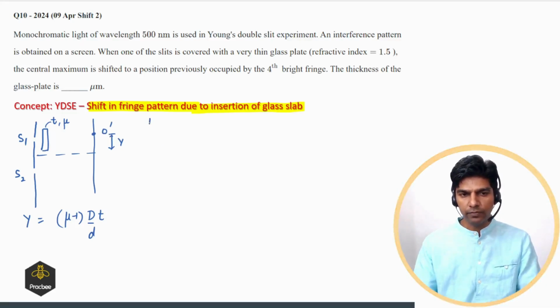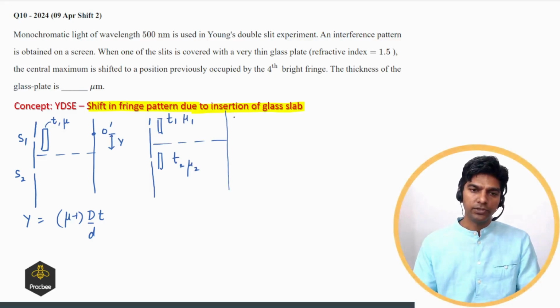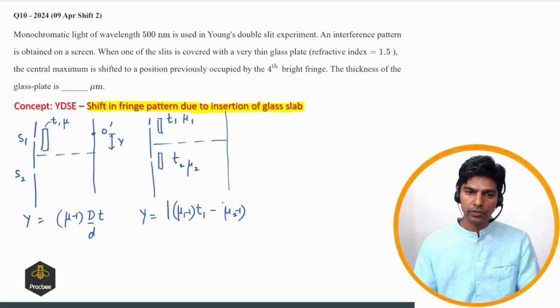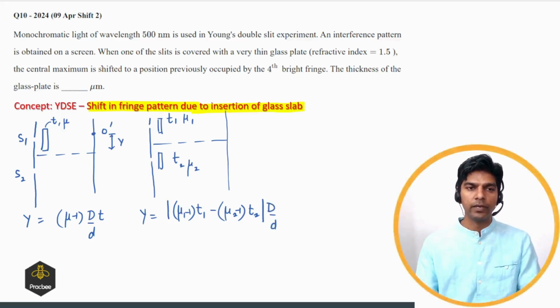But suppose we have multiple slabs, one with thickness t1, refractive index mu1, and another with thickness t2, refractive index mu2, and the shift is y. In this case, you take the modulus of (mu1 minus 1) times t1 minus (mu2 minus 1) times t2, times capital D by small d. These two formulas you have to remember.